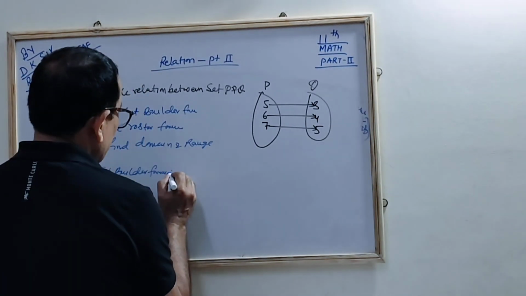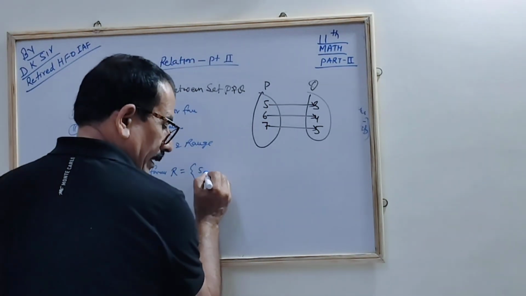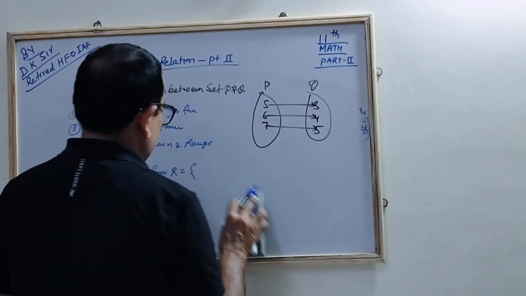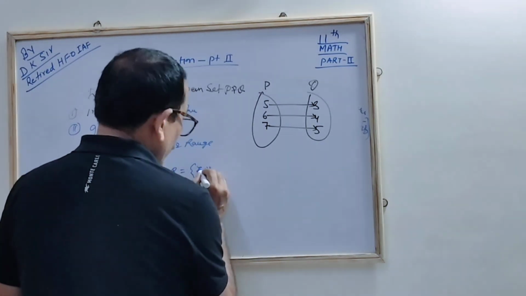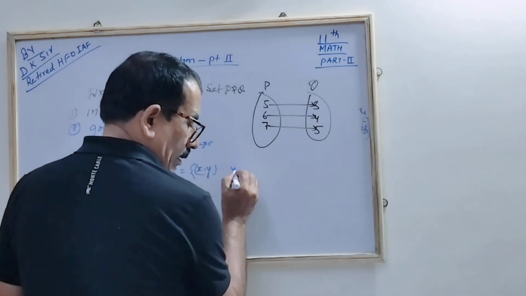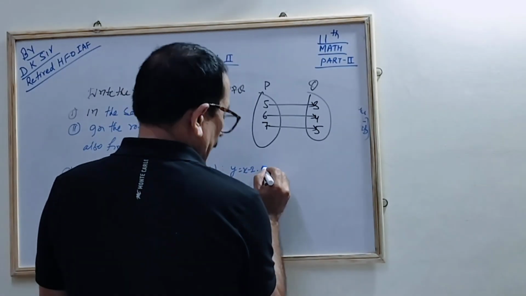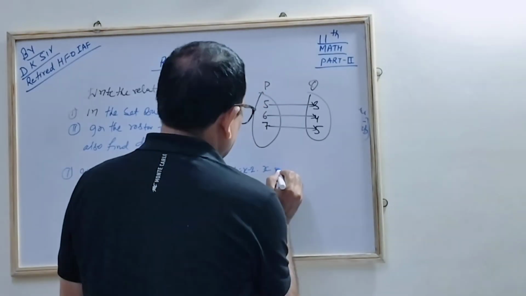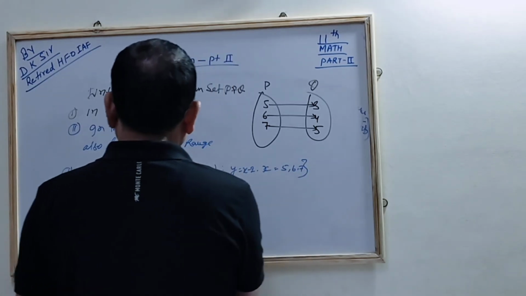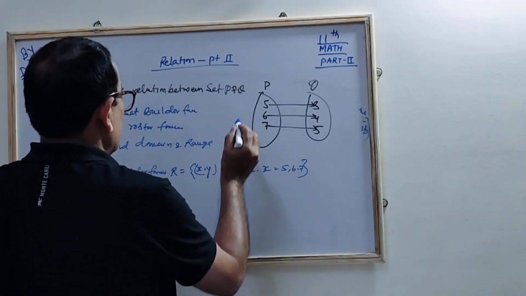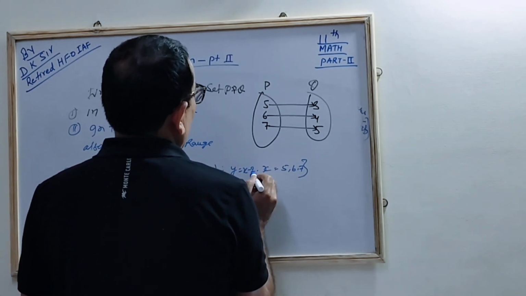R is the relation, and in set builder form we will write (x, y) as the element where y is equal to x minus 2, and x is equal to 5, 6 and 7. So it is written in the set builder form. We can say (x, y) such that y is equal to x minus 2. Can you see?